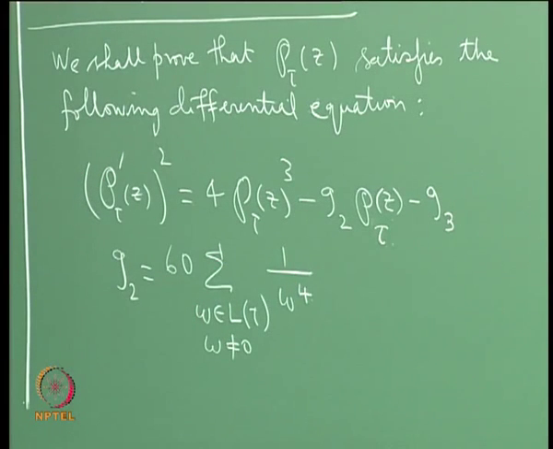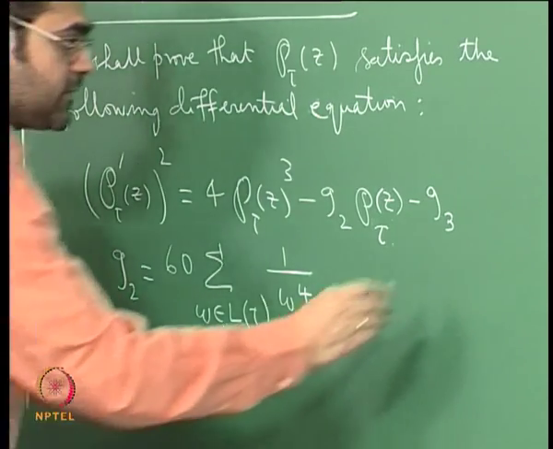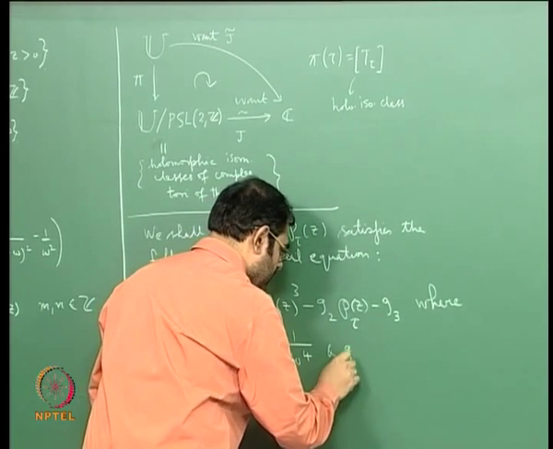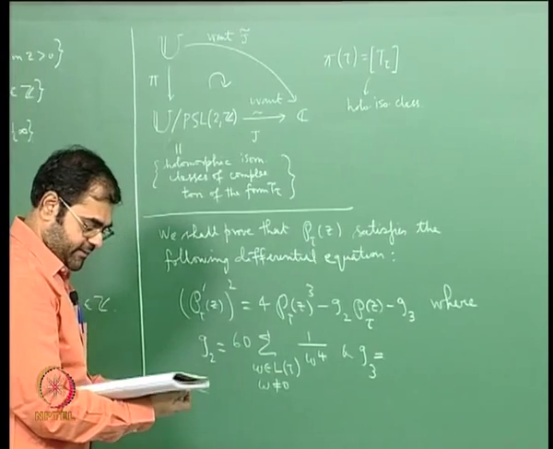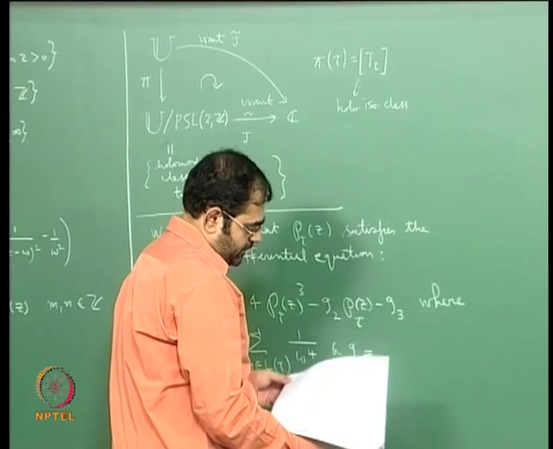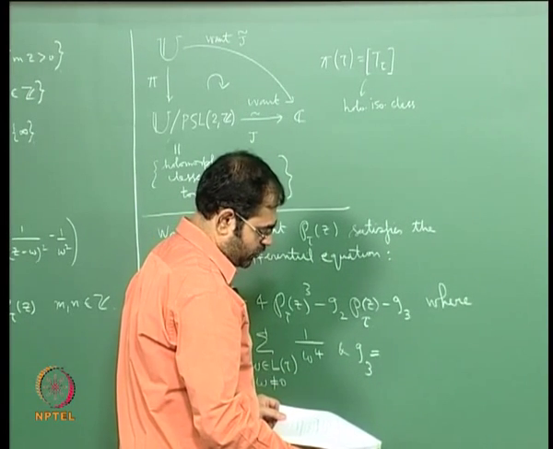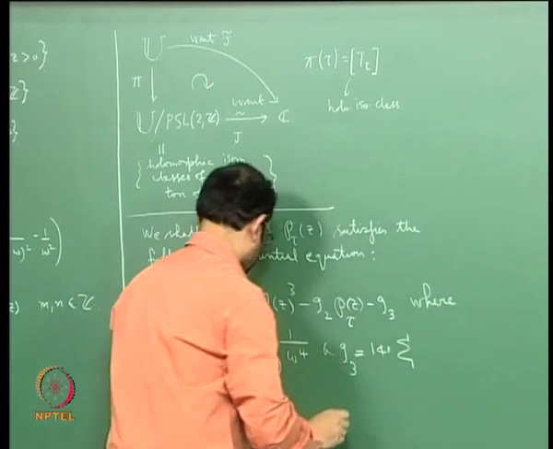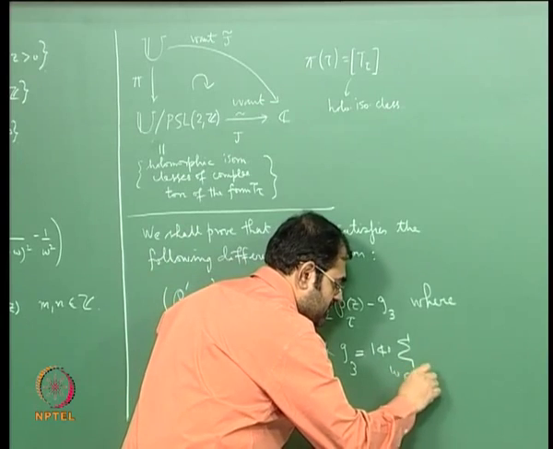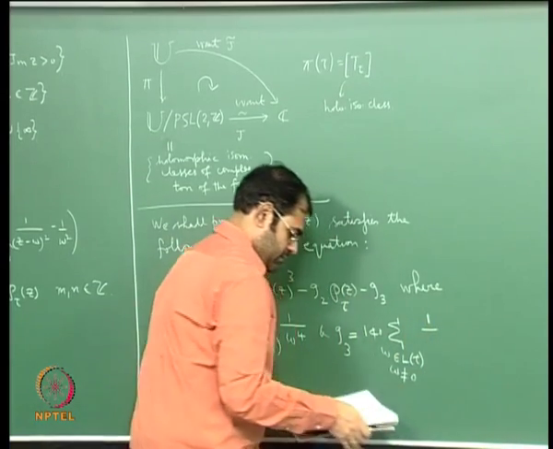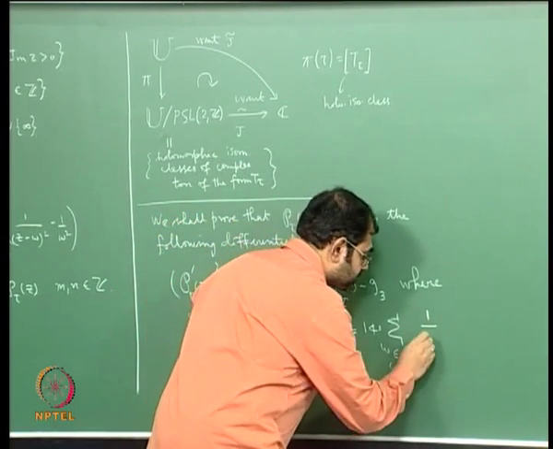And g3 is 140 times the summation over all the lattice points different from 0 of 1 by omega power 6.